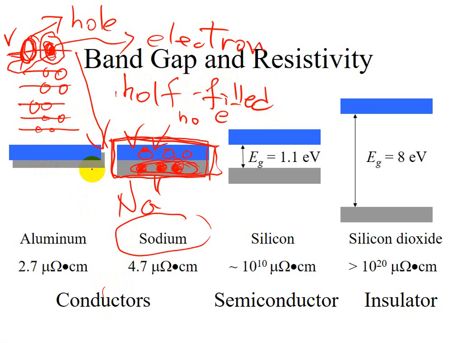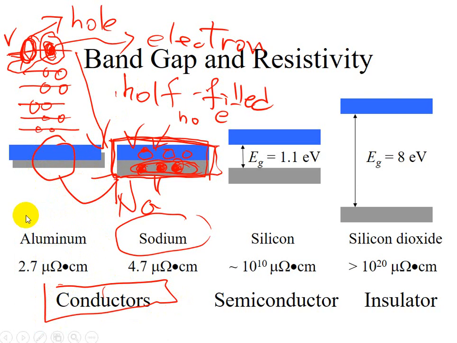So you have hole inside, so it's a conductor. So now you have the idea why you have a conductor: either overlapping of valence band and conducting band, or only a half-filled valence band.